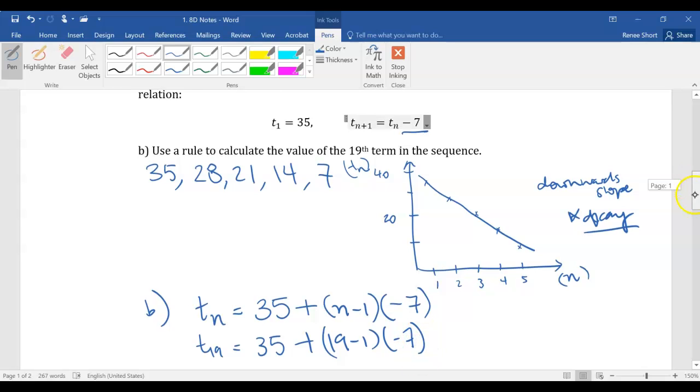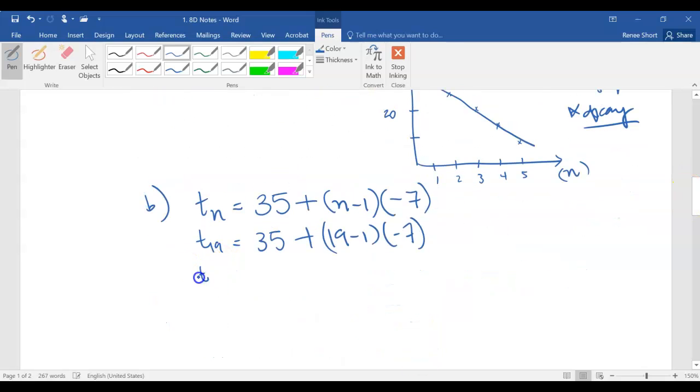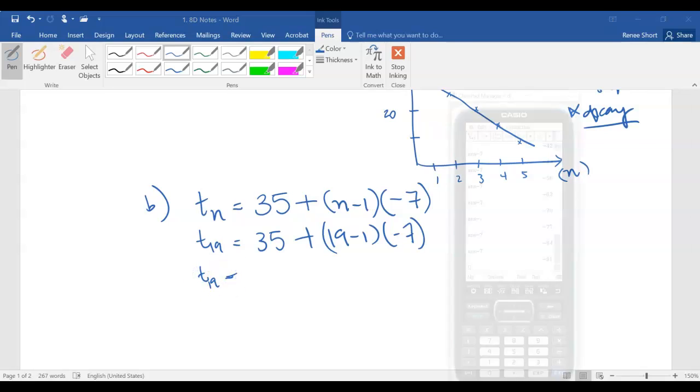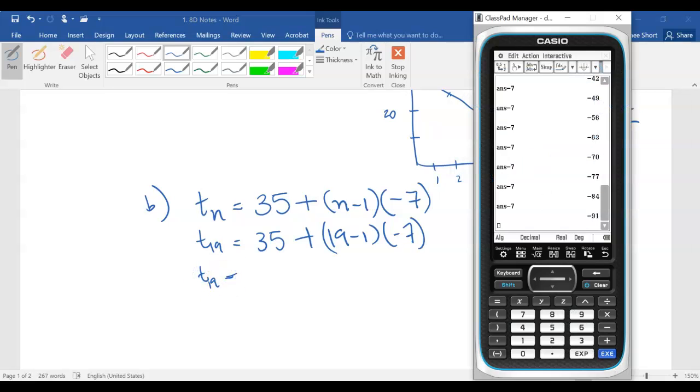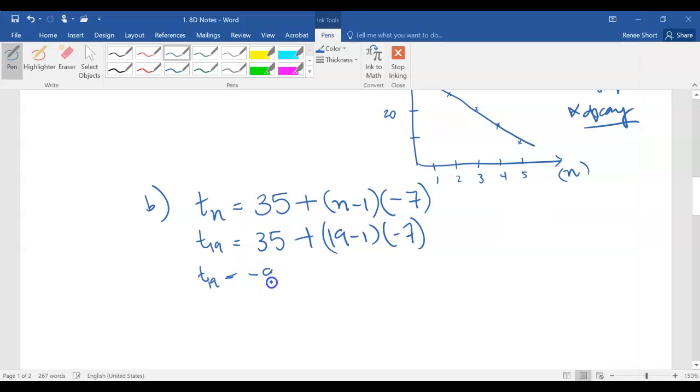I can pop that as is written into my calculator here. If I go 35 plus bracket 19 minus 1, negative 7, I still get the same answer of negative 91. As you can see, it is really handy for us to have this rule for the nth term, or for any term, to be able to use that rule.